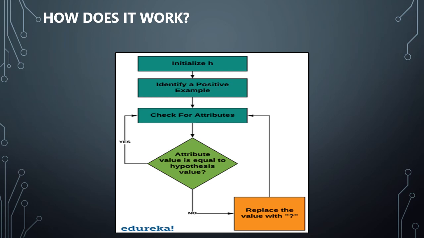We will check if each attribute in the example is equal to the hypothesis value. If the value matches, then no changes are made. If the value does not match, then the value is changed to a question mark in the general hypothesis. We do this until we reach the last positive example in the dataset.